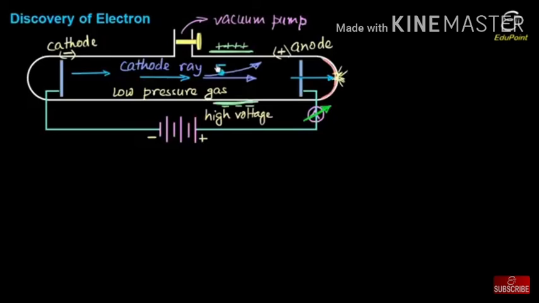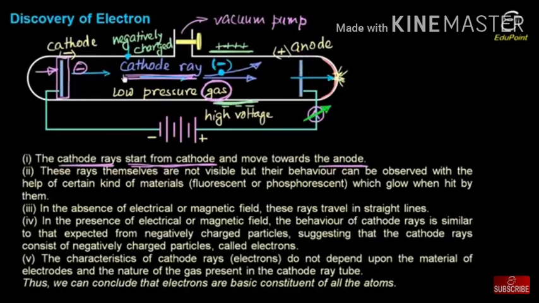In this way, these cathode rays carry negative charge or are made of negatively charged particles, and they were called electrons. So, what conclusion was drawn from here? The conclusion was that when these cathode rays start from the cathode, they always move towards the anode.